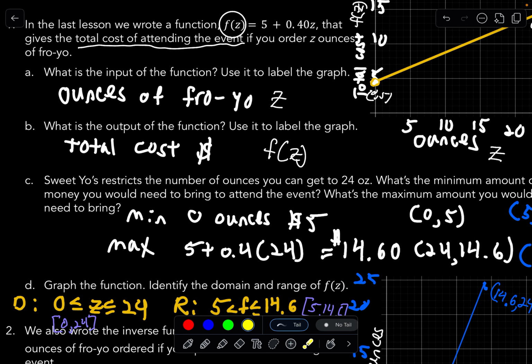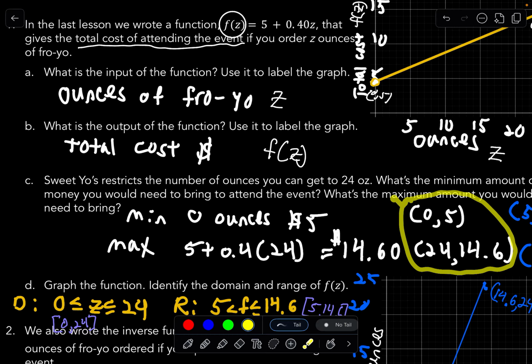Well, each of these turn into an ordered pair: (0, 5) and (24, 14.6). So these 2 points are the beginning and the end of this function.